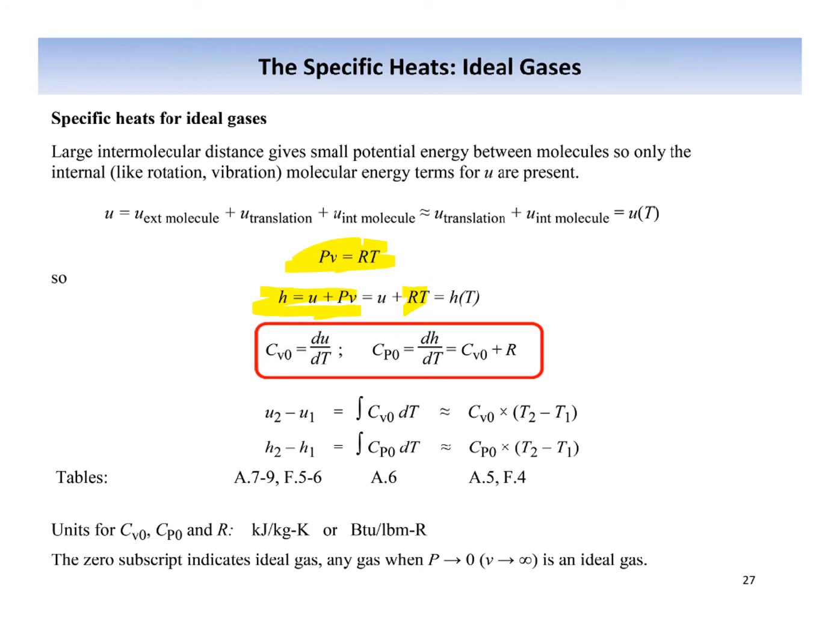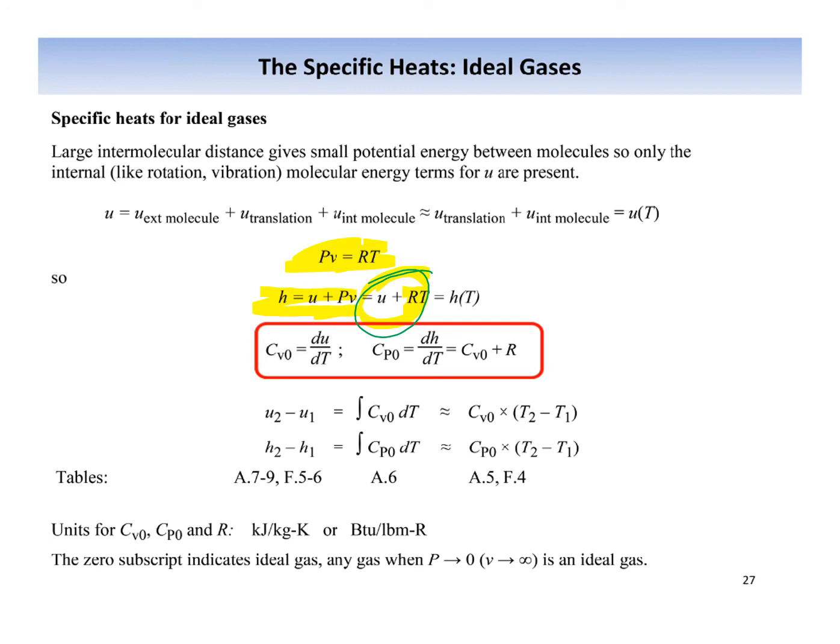So if u is a function of temperature and R is constant, T is again temperature, so this whole equation that represents H is equal to U plus RT is a function of temperature only. U is a function of temperature, and in RT, R is constant and T is temperature. So the combination of these two terms is only a function of temperature.